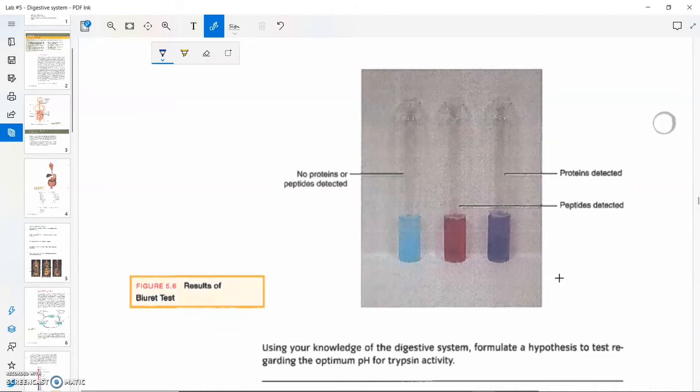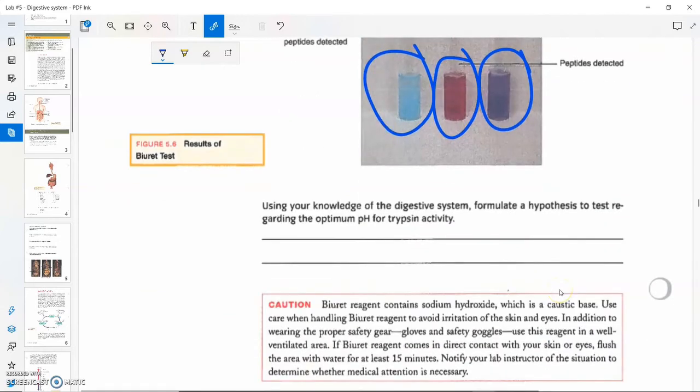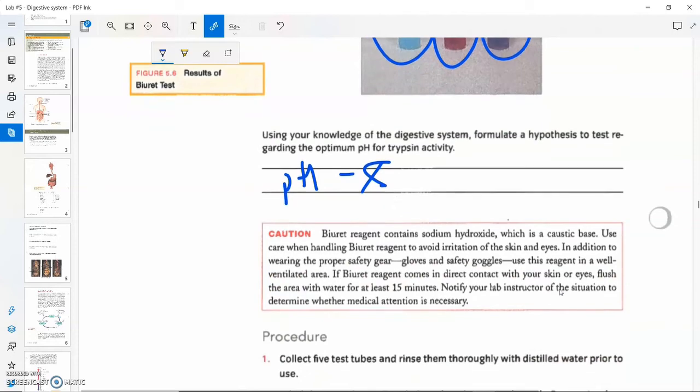So here you can see that when there are no proteins or peptides, it is blue. When there are proteins, it is very dark blue, or peptides, it is red. So optimum pH for trypsin activity is 8. So our formulation is that trypsin will work best at the pH 8.